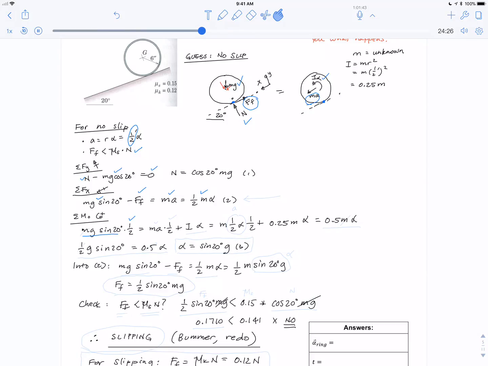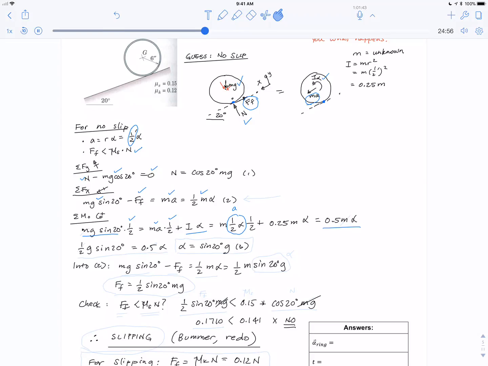On the right-hand side, taking moments about the bottom, same thing, ma times its moment arm, the radius of 1/2 foot, and you just add in I alpha. And again, A is 1/2 alpha, 1/2 foot radius times alpha, that's A. And so that comes out to M times 1/4 alpha plus 1/4 M alpha. 2/4 is 1/2, so 0.5 M alpha.